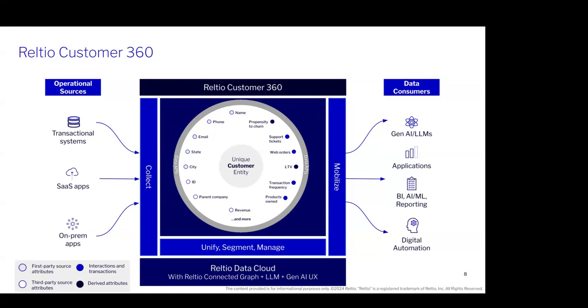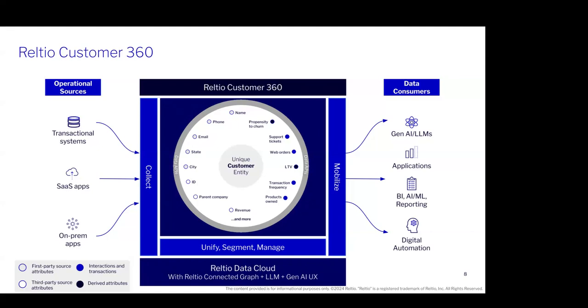From the left hand side, there are different source systems that provide customer information, and once it enters Reltio, there are a few advanced capabilities that we have added on top of our existing platform to solve certain challenges, right?